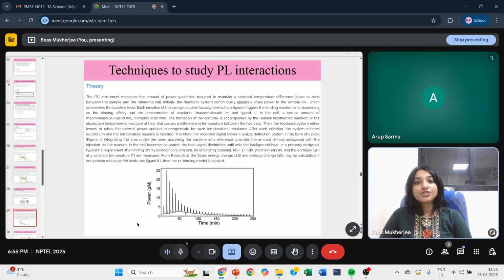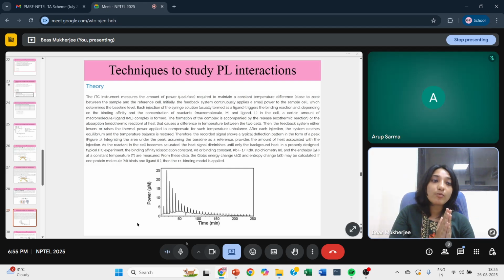Initially, the feedback system continuously applies a small power to the sample cell which determines the baseline level. Each injection of the syringe solution, usually termed the ligand, triggers the binding reaction, and depending on the binding affinity and the concentration of the reactants, macromolecules and ligands in the cell, a certain amount of macromolecule-ligand complex is formed.